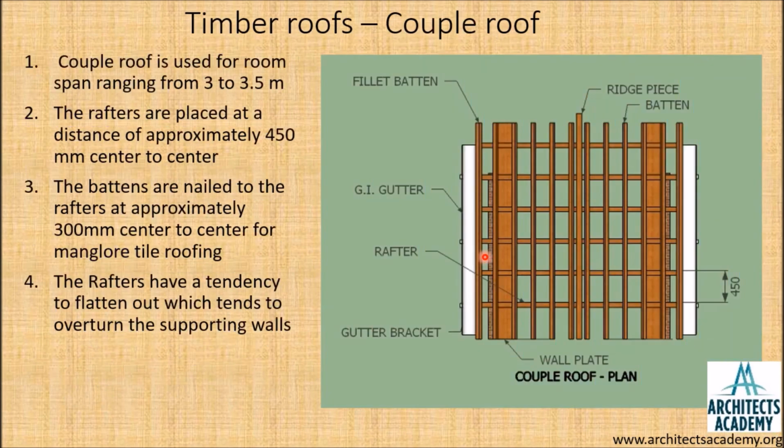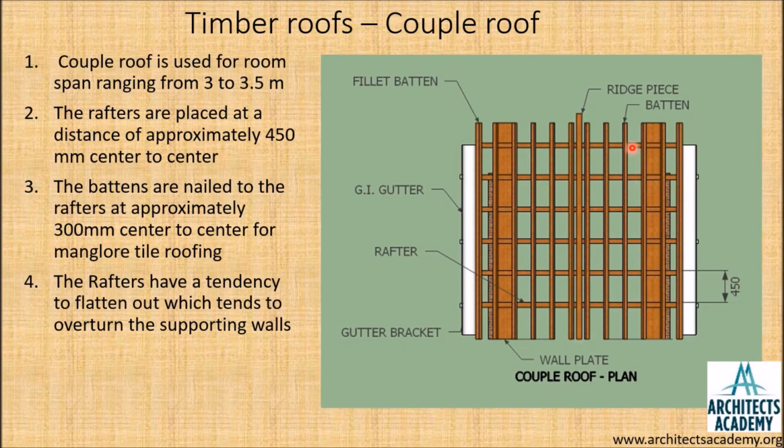Now the next slide is showing you the same type of roof, which is the couple roof in plan. Let us try to see all the members in plan. What you are seeing at the top is the ridge piece. The ridge piece runs along the entire length of the roof.